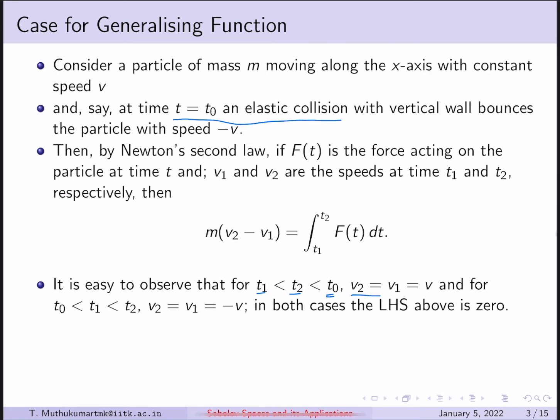The speed is v, which means that v2 minus v1, the left hand side here, is 0. That means this integral is 0, that is, no force is acting on it. Similarly, if the times t1 and t2 are after the time of collision, the speed is minus v, and in that case also the left hand side is 0.